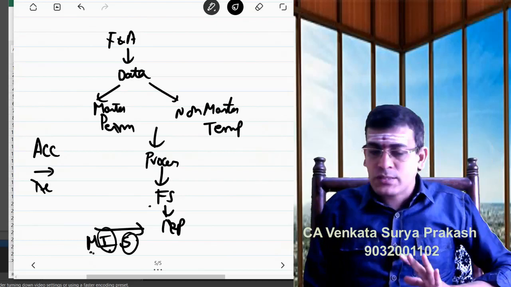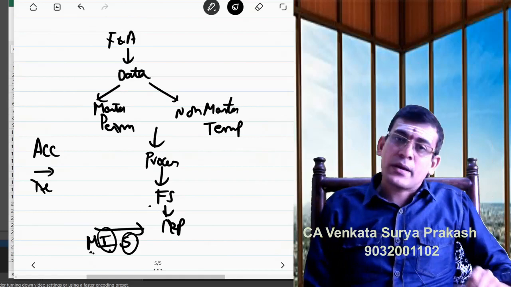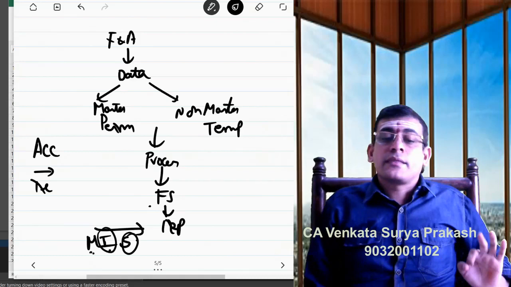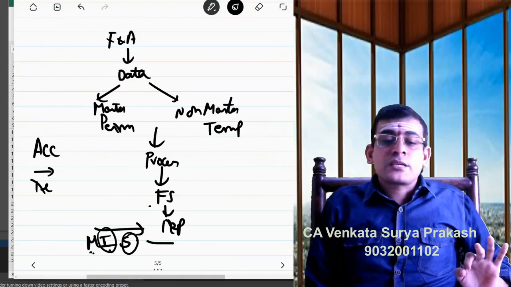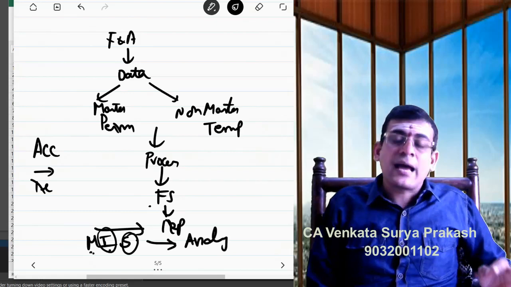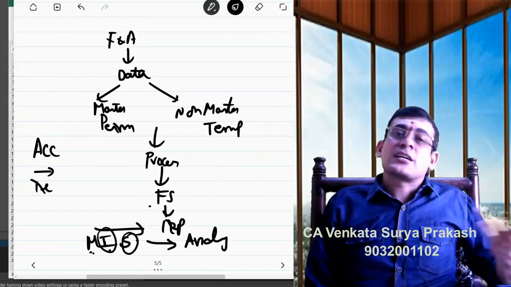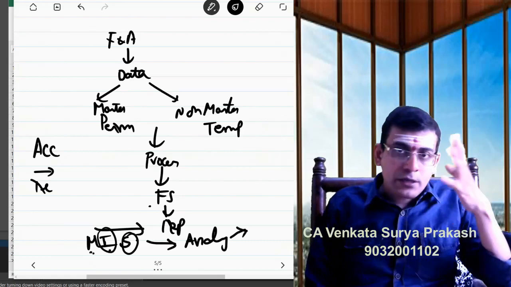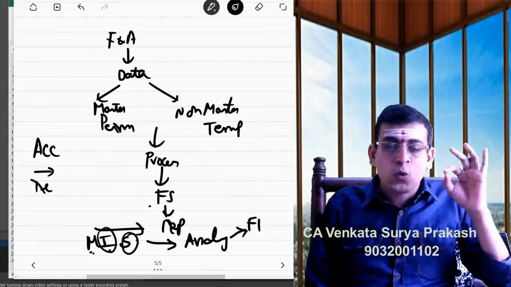So you have a separate topic called MIS. There we will discuss management information systems. Then we will understand data analytics. Once you finish your CA, you will enter a company in a role called financial planning and analysis.